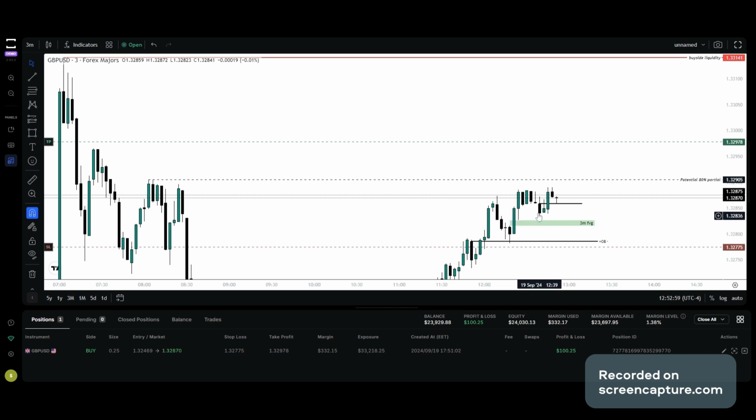This is a propulsion block, and I mean, even this can be counted as a propulsion block. And a propulsion block is supposed to send price in the opposite direction of the block itself. So this is a bullish propulsion block, which is a bearish candle, so it should send price higher. Same with this one here. I mean, this is an order block, but you get my drift.